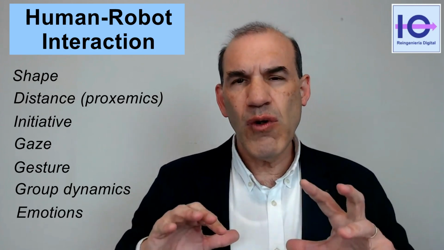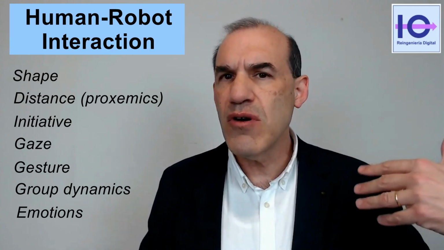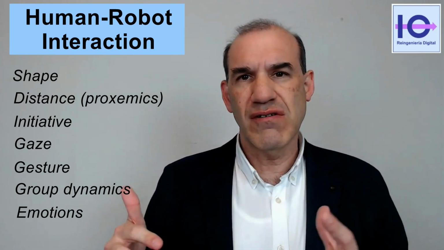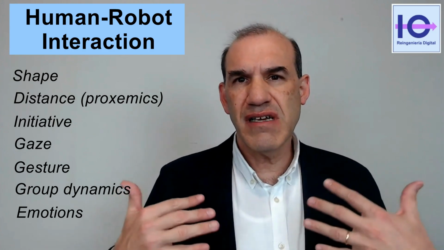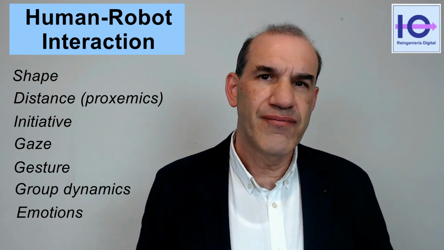And also we have all the area of emotion detection. The robot can detect emotions in humans and also emotion expression. And that drives us to the field so-called affective computing. As you can imagine, human-robot interaction is a multidisciplinary area.